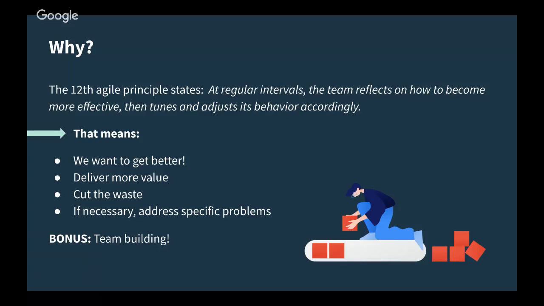So it's the job of the Scrum Master to realize that and to call all those other people to the meeting, so we can address issues effectively. Okay. And all this has a bonus, which is team building. It is great to know each other and to create a better working environment.